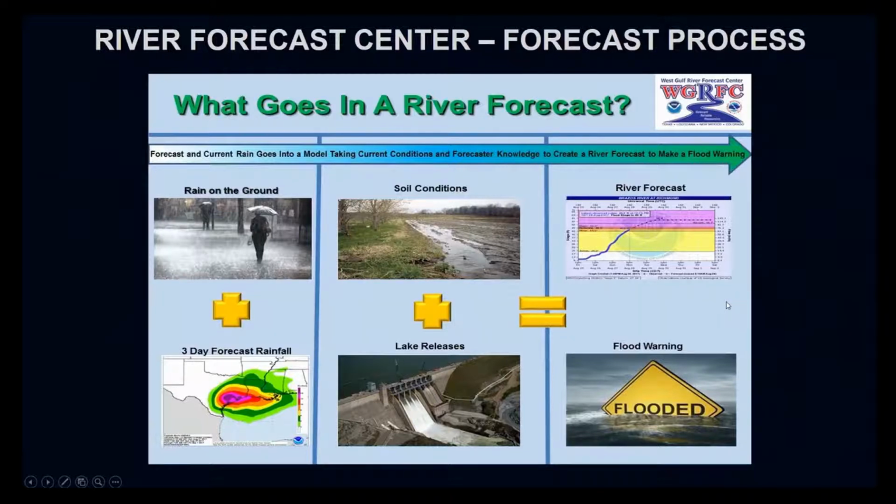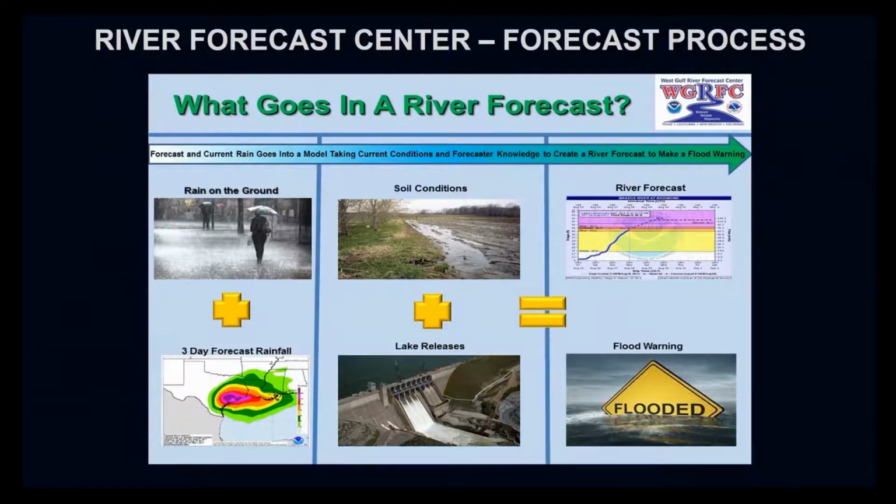Now, GOES was incorporated in our forecast process. This is a very simplified view of how we produce a river forecast in our office. It takes into account the rain on the ground, the 3-day forecast rainfall, the soil conditions, which we can calculate with a model that we run in our office, and lake releases that we get from our partner agencies.